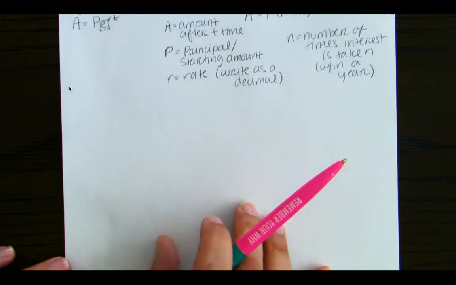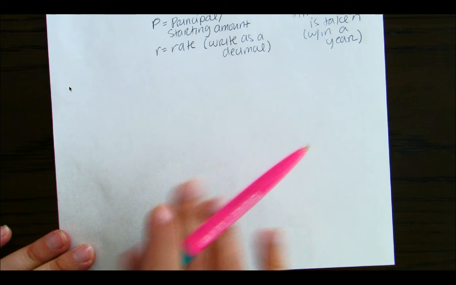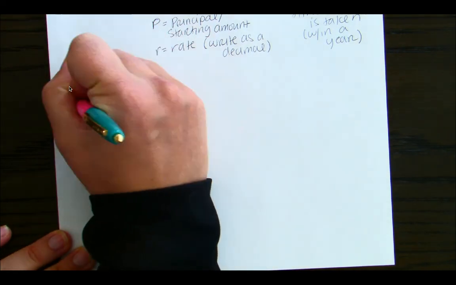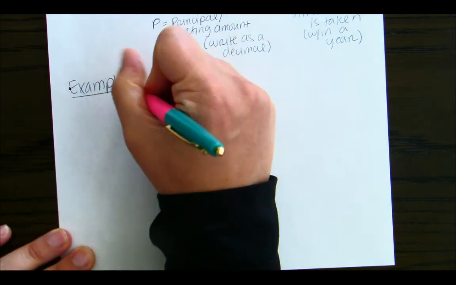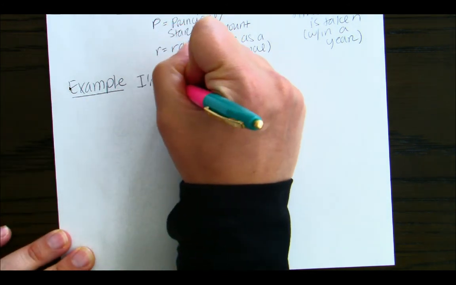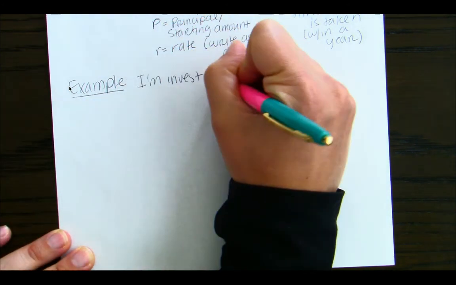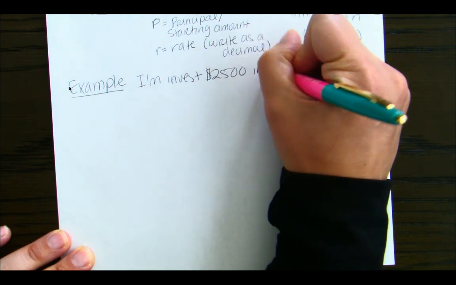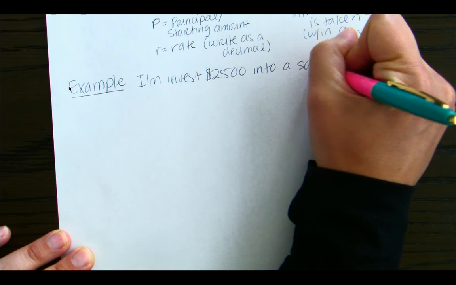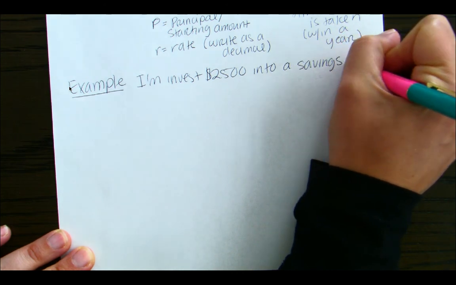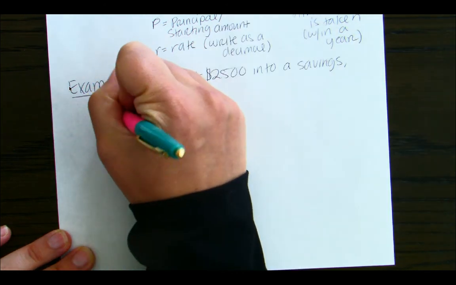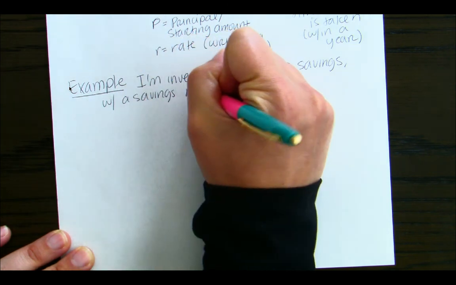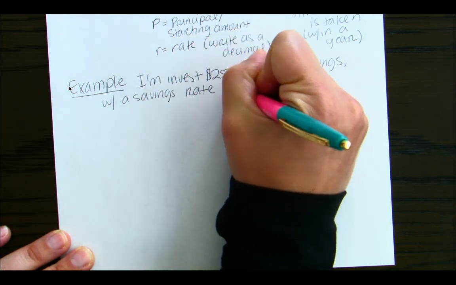So, an example would be if I'm investing $2,500 into a savings account, and the savings rate is 1.6%.